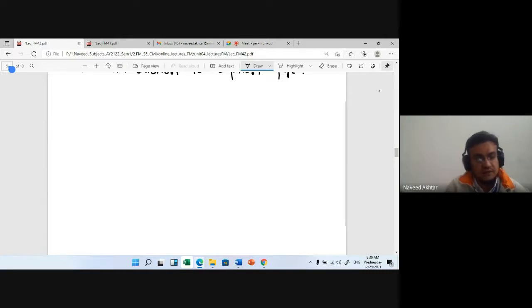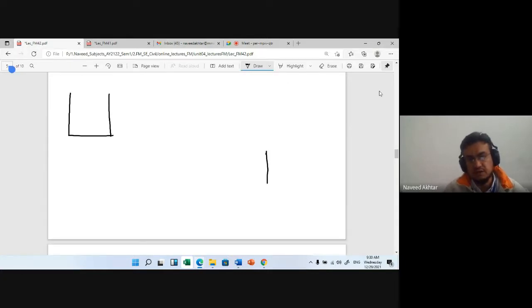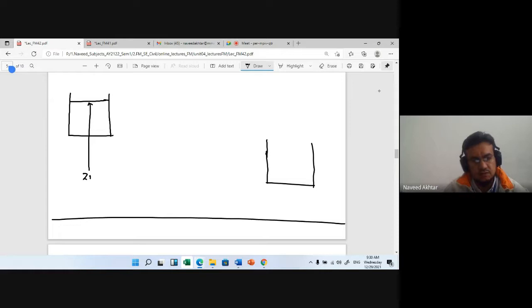So if I make this kind of figure, this is your figure, Y1, this is Y2, okay, this is the level, this is Z1 from the bottom, this is the bottom. So this level is Z1 at point 1, and then point 2 somewhere here.